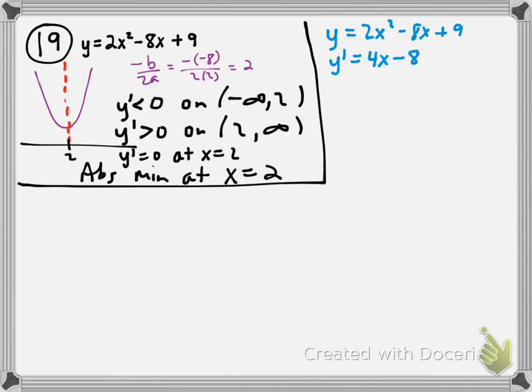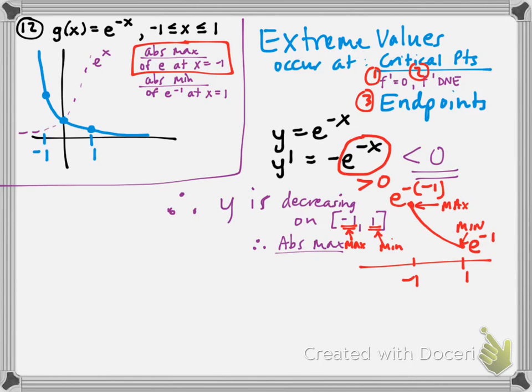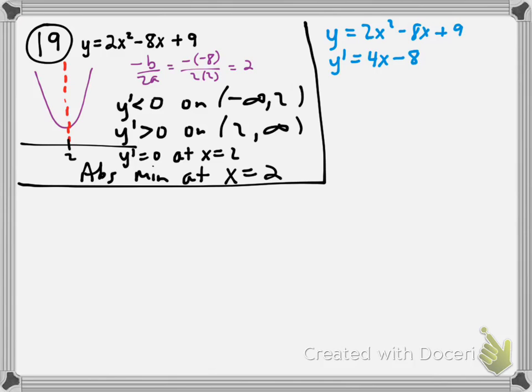Well, remember where critical points happen. If we remember from the slide before that, critical points happen where f prime is equal to 0 and where f prime does not exist. And so if we want to find our critical points, that's our step 1, find critical points.